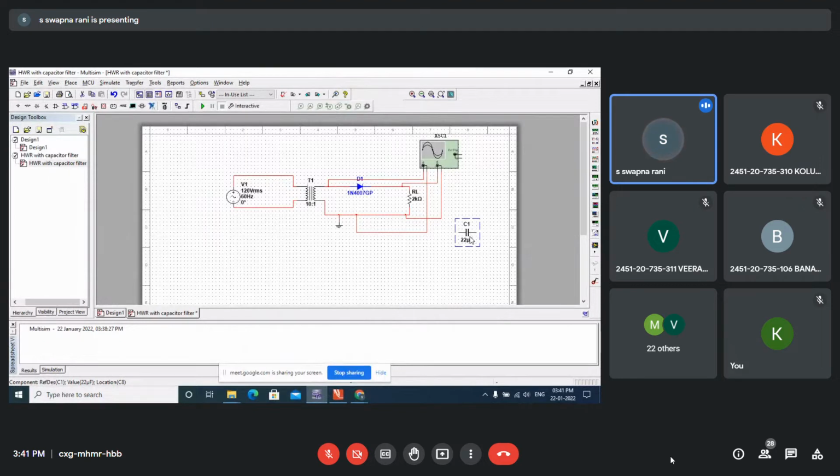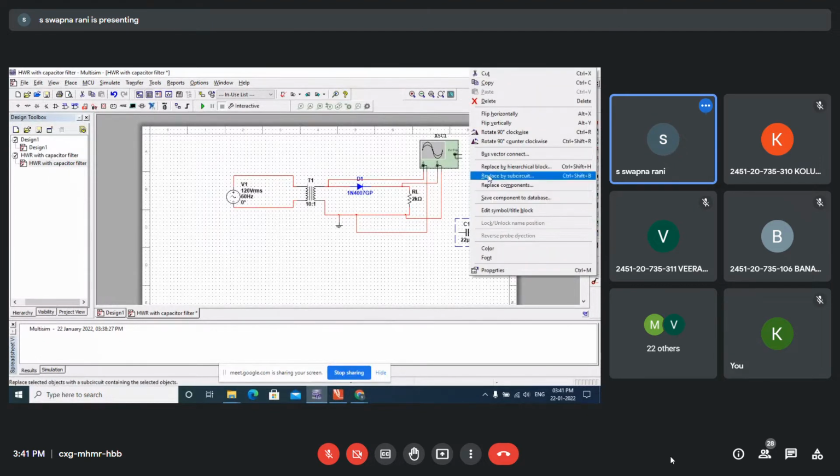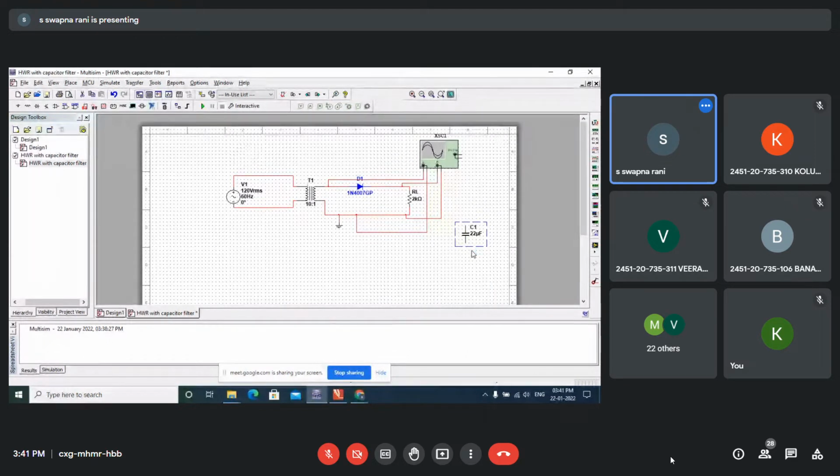So if you right click, rotate 90 clockwise. And this capacitor.